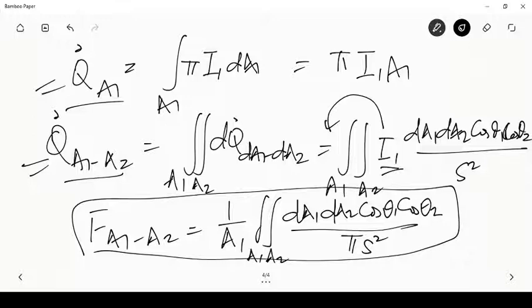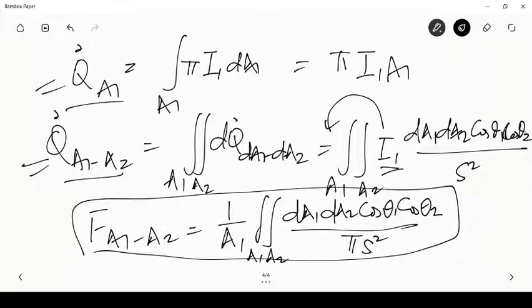So what is interesting about the expression on the right hand side is that it contains no information about the intensity. The intensity values drop out because it is uniform over the area A1. So it is entirely dependent on the geometry.